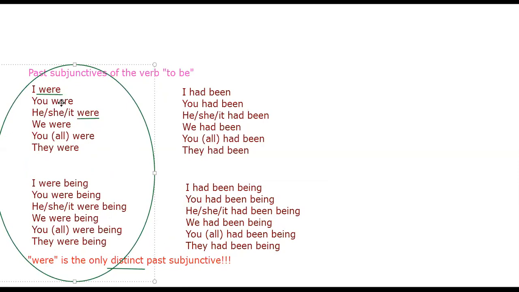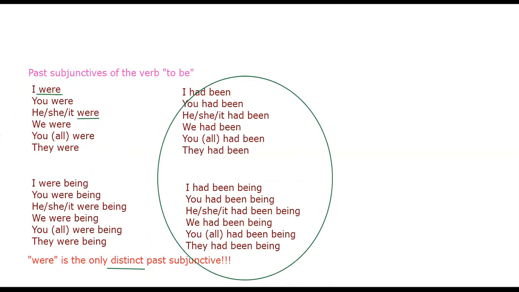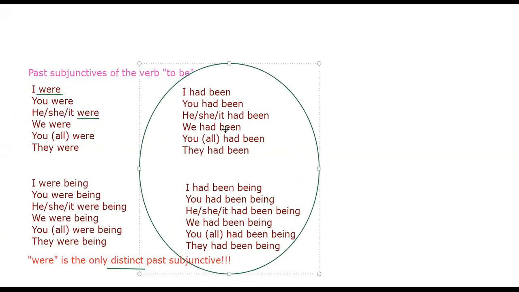The first part has no ing verb, the second part does. And for this one right here, this is the past perfect subjunctive, where you have no ing forms at the top and ing forms at the bottom.